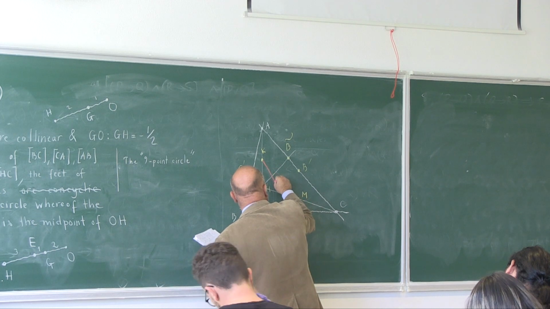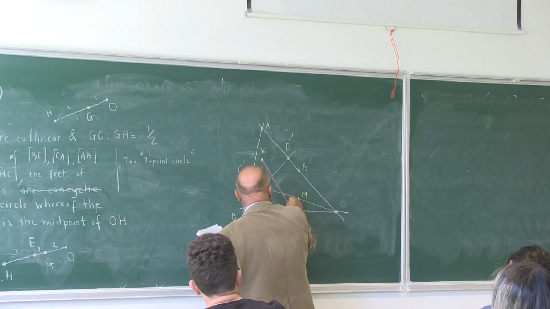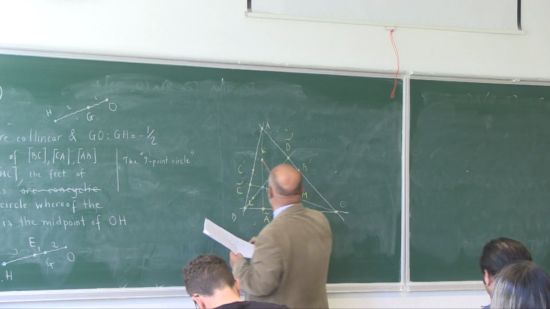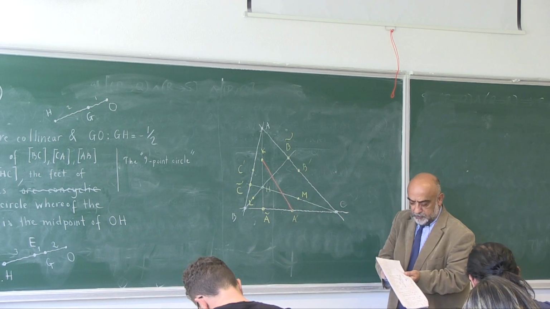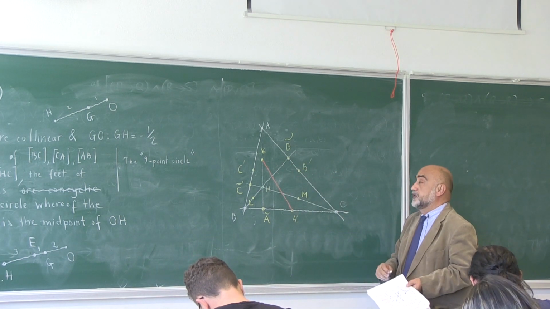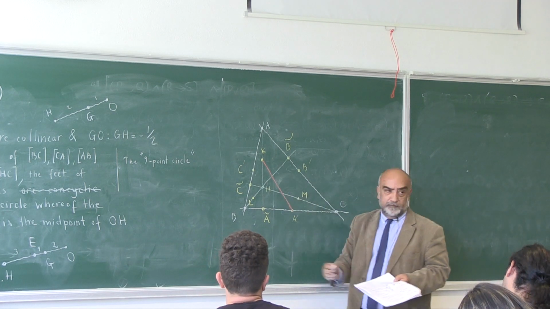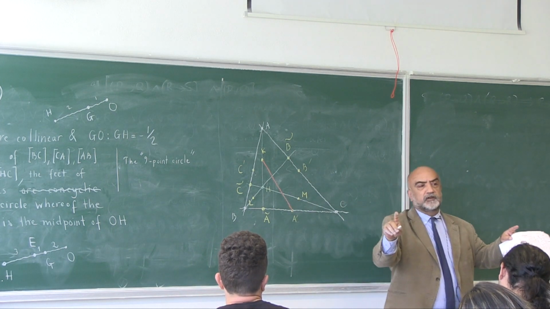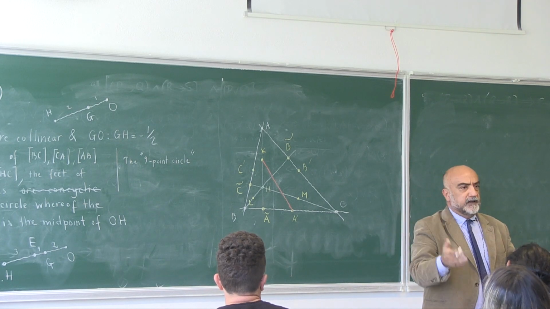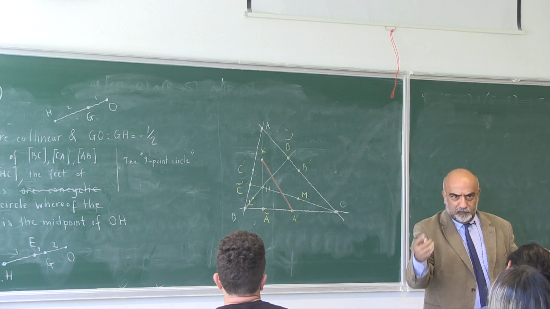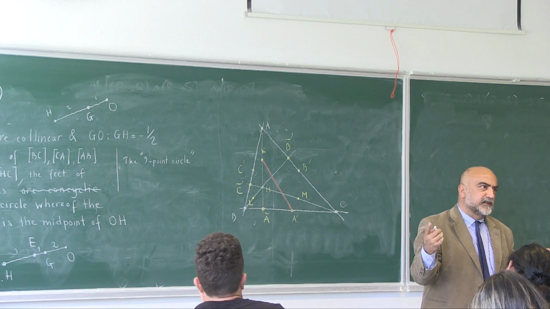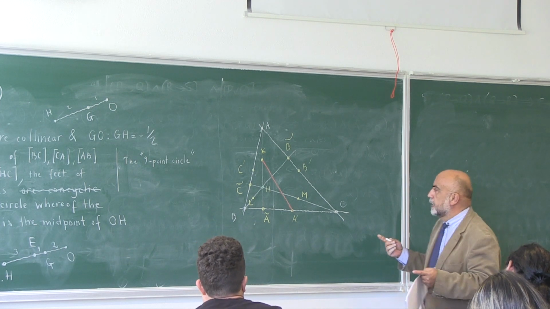So I'm making life easier for you. What you have to do is to show that K and A prime, as extreme points of the diameter, are already on the circle. So we have taken care of 2 points. You've still got 7 points to go.